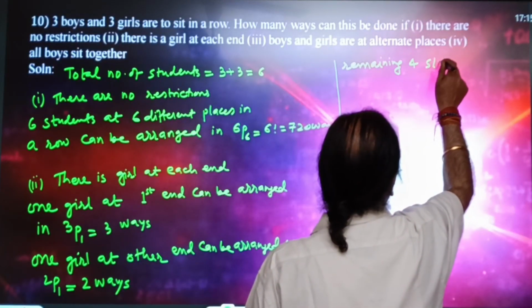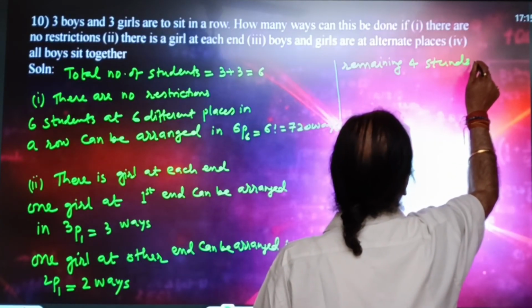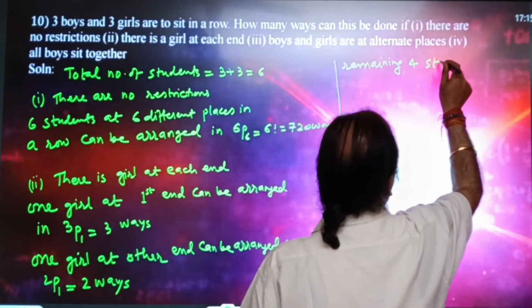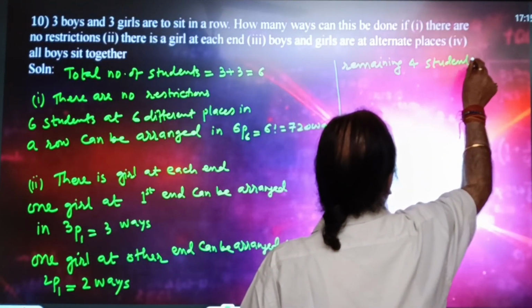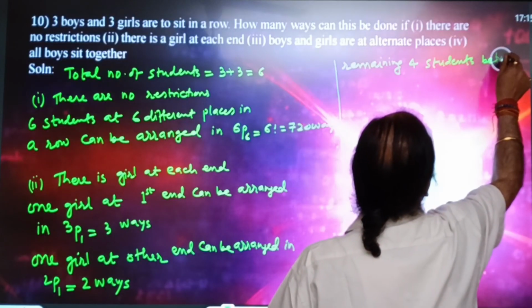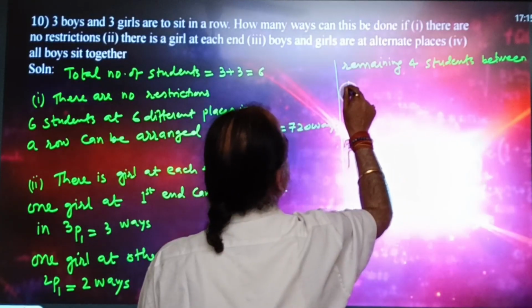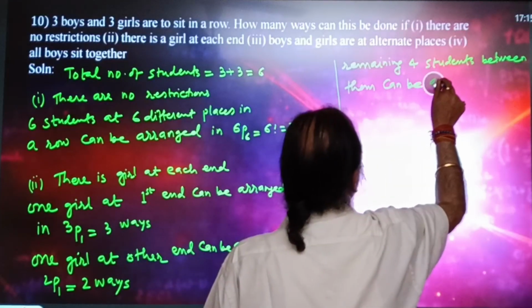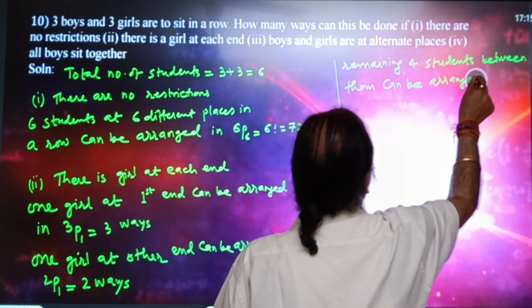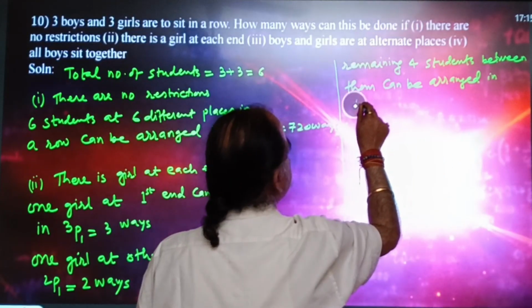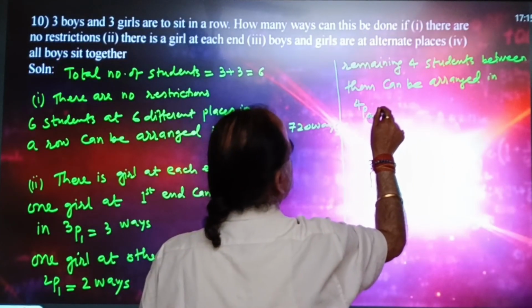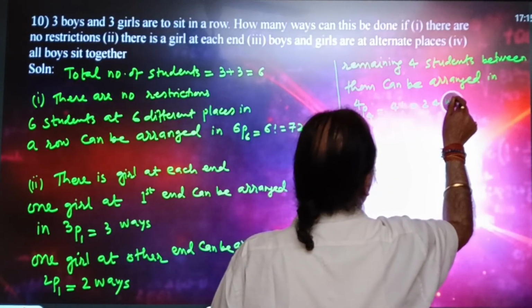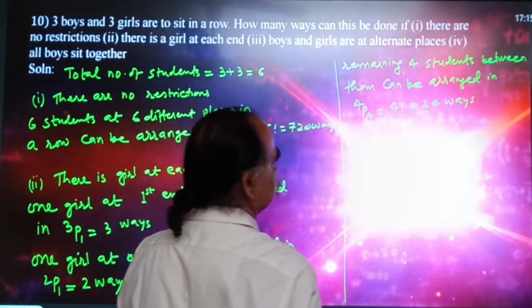So four students between them can be arranged in 4P4, 4 factorial, 24 ways.